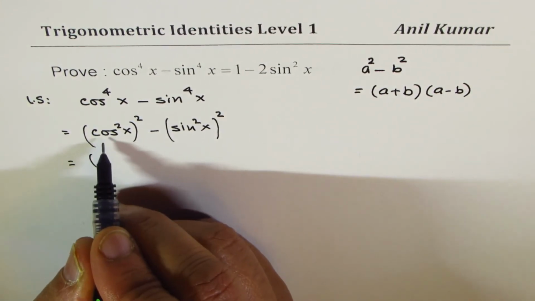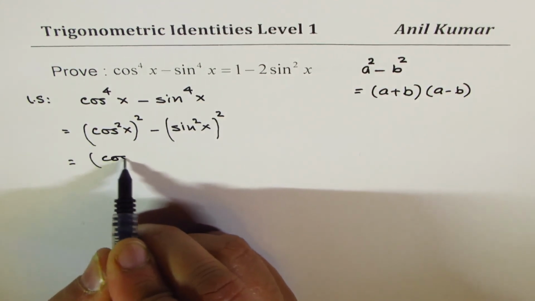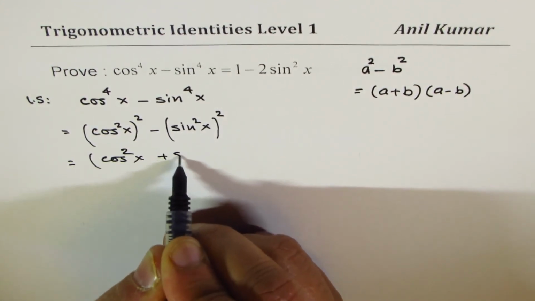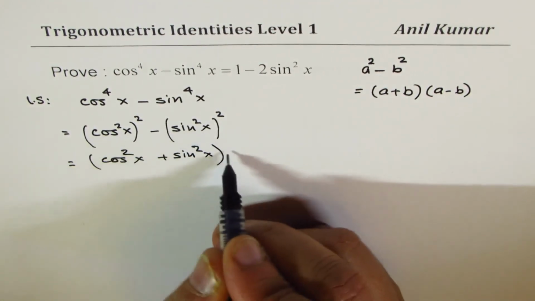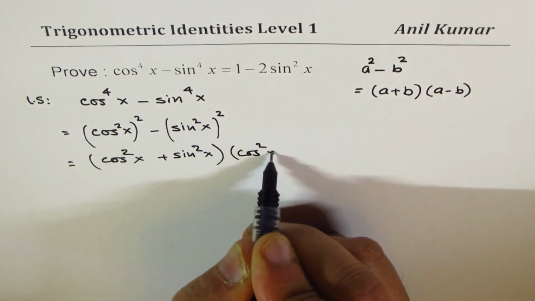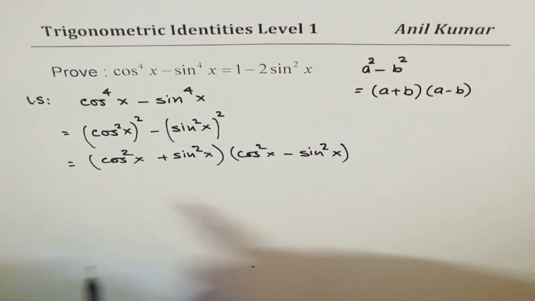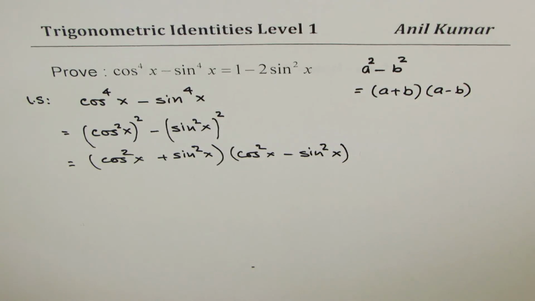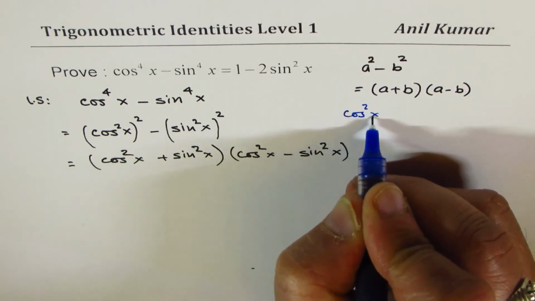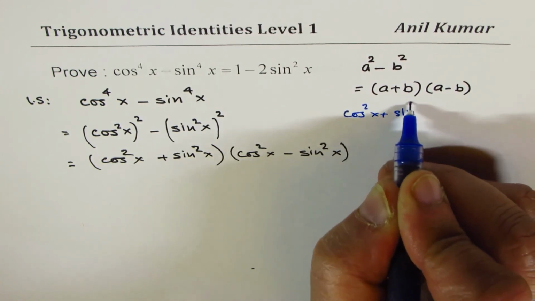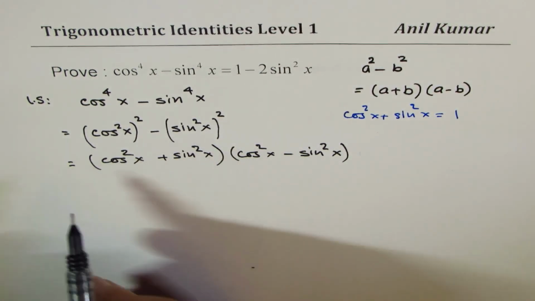So a for us is cos square x, right? So we take the sum of these two, which is cos square x plus sine square x, times the difference of these two, which is cos square x minus sine square x, correct? Now what is cos square x plus sine square x? That's a Pythagorean identity. You know, cos square x plus sine square x is equal to 1.